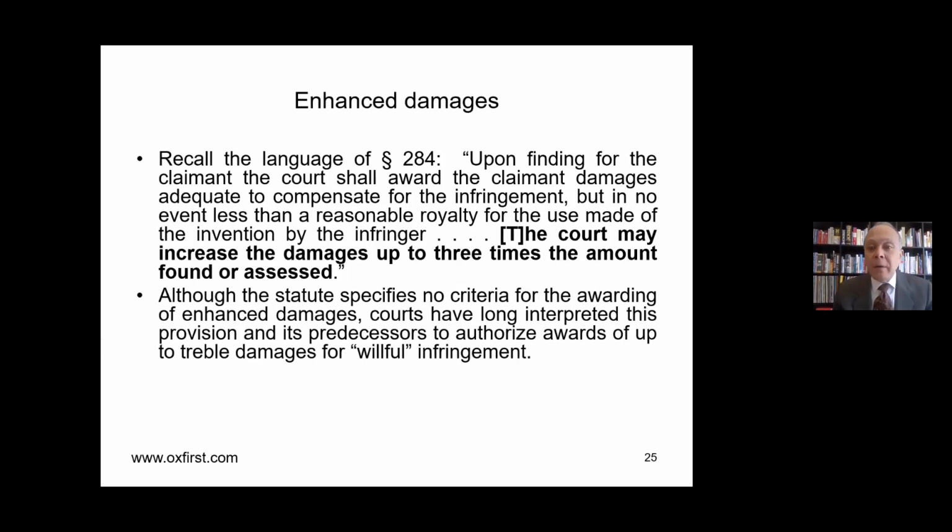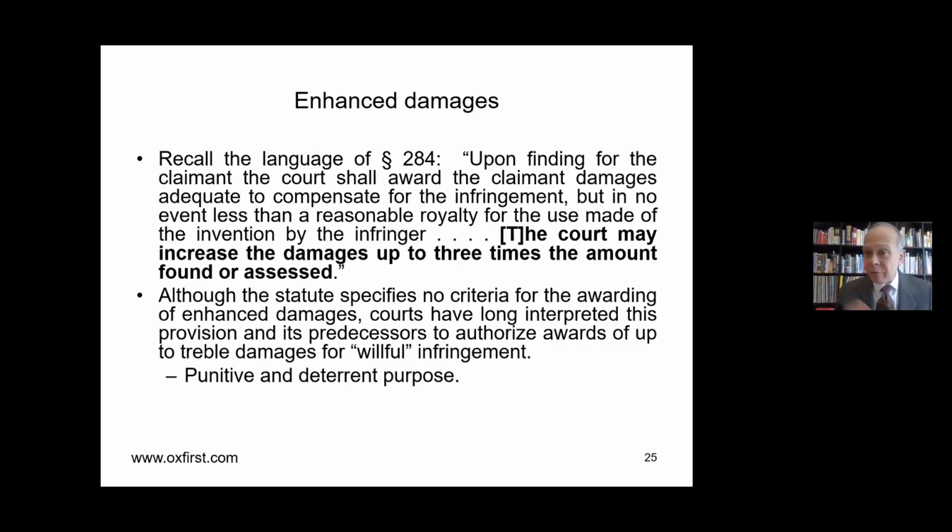The statute specifies no criteria for the awarding of enhanced damages, but historically, traditionally, courts have interpreted this provision and its predecessors as authorizing awards of up to treble damages for willful infringement. That is said to serve a punitive and/or deterrent purpose in appropriate cases.